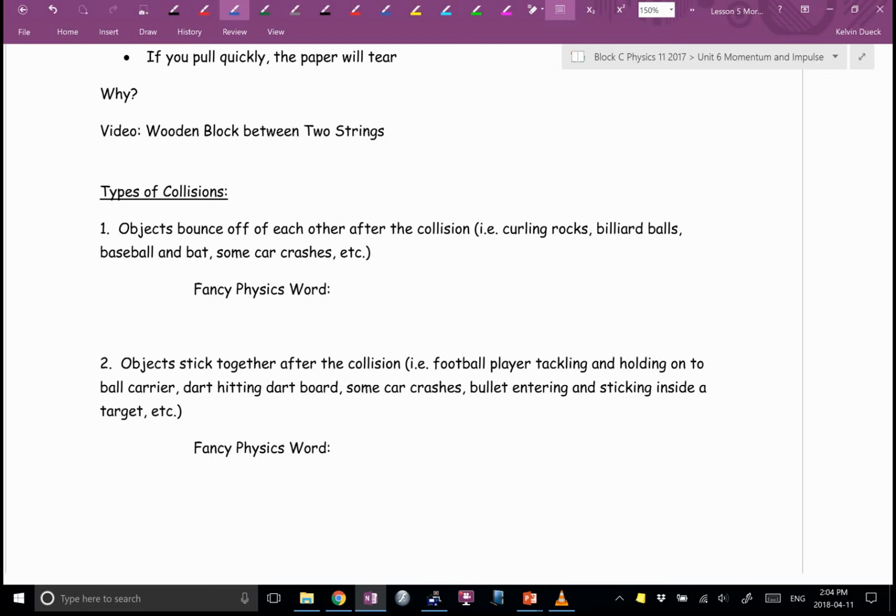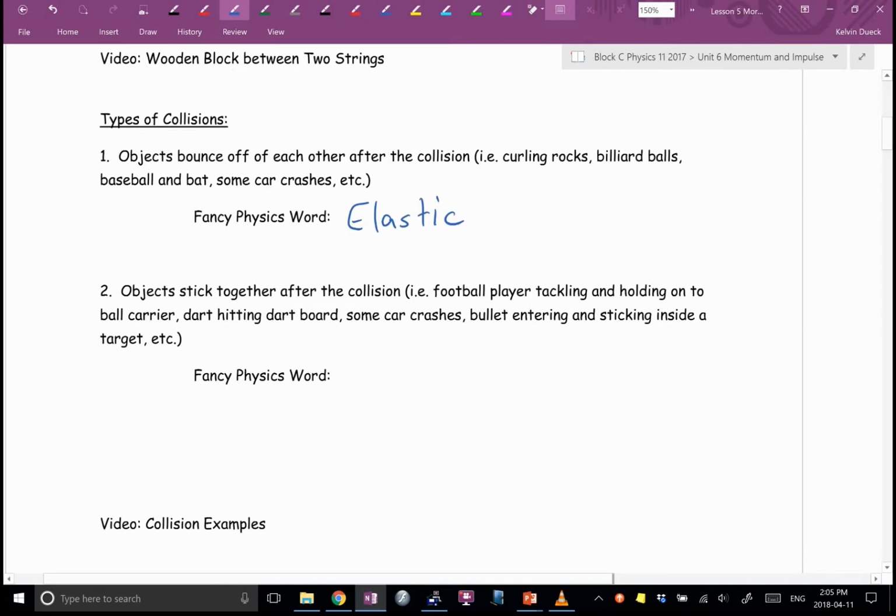There's a fancy word for bounces off of each other, and we call that elastic. If a collision is elastic, they bounced apart. And I always remember that because I think the word elastic, that's like a rubber band which bounces apart. The second main type of collision, Hannah, is where they stick together after the collision.